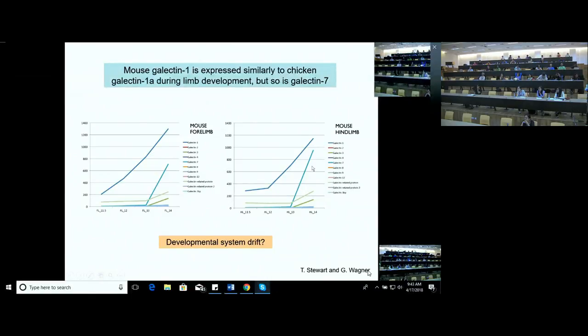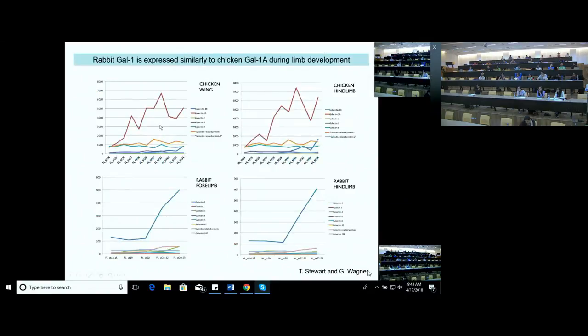So there may be compensation and developmental system drift that allows galectin-7 to take over when galectin-1 is not present. But that's the case in mice, but not the case in rabbits. In rabbits, it's very much the same situation that we have in birds.